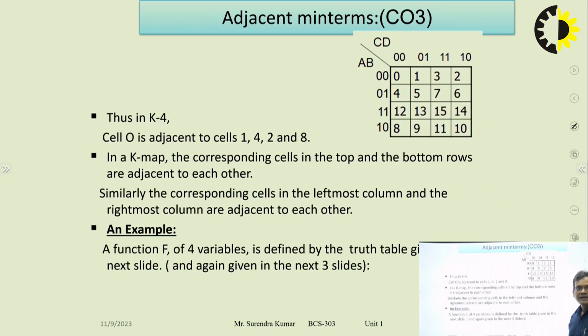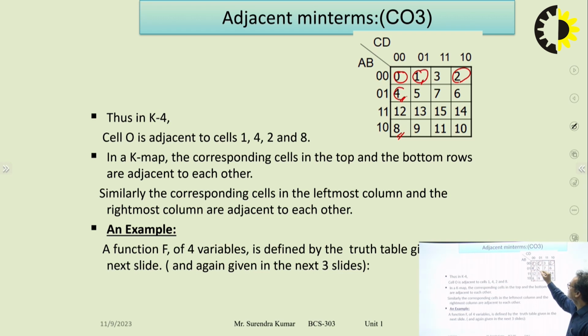So for adjacent minterms, as we are taking a 4 variable K-map here, the adjacent cells for the 0th cell are 1, 4, 8 and 2.